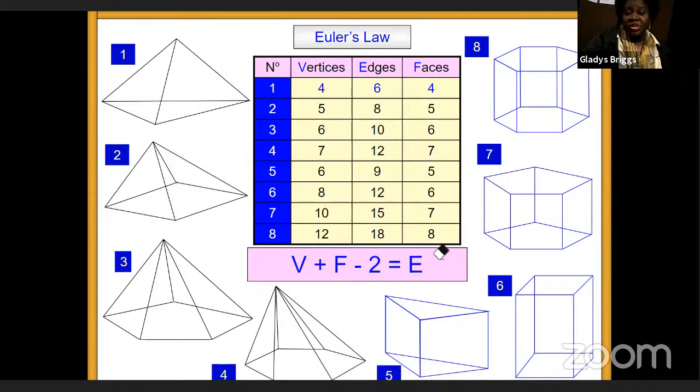Then you can just tell what the number of edges it will have by using this formula. By rearranging that formula, you can work out how many edges it will have or how many faces it will have based on what you've been given. Okay, so I think that's it for that one.